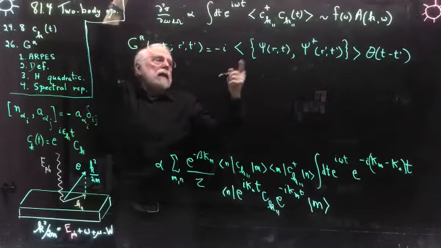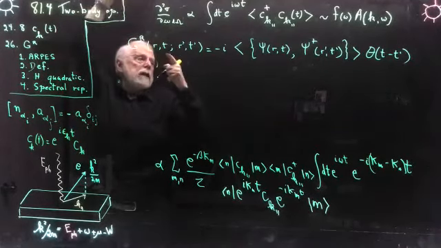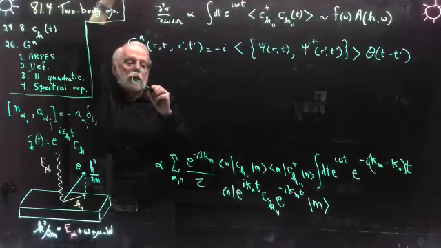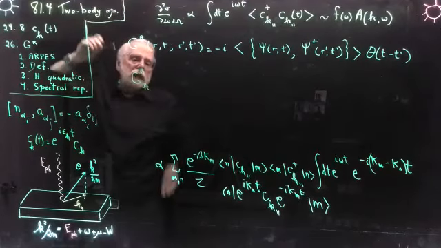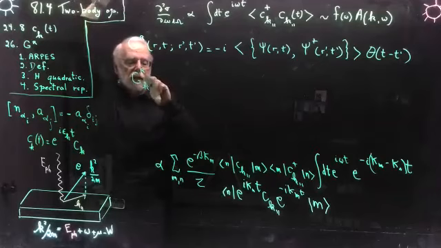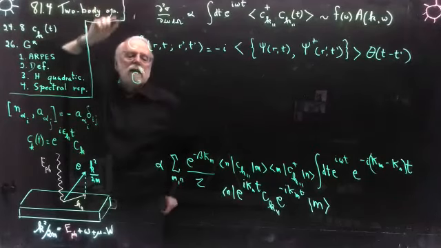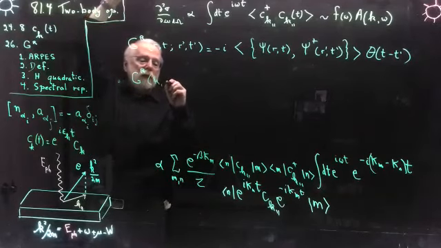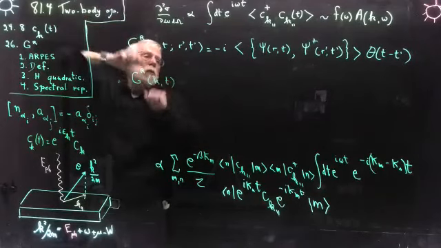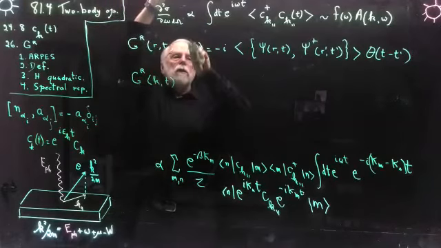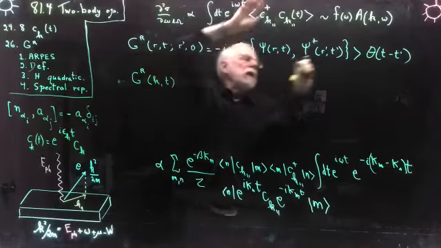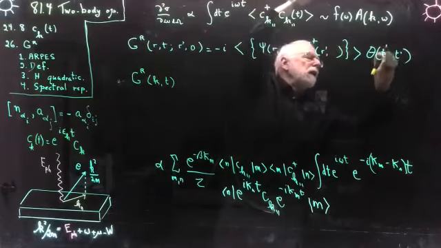If we take the Fourier transform, it means that we have to compute G retarded of K. We assume translational invariance, and we have time translational invariance also. So I will put 0 here, and 0 there, and 0 there.